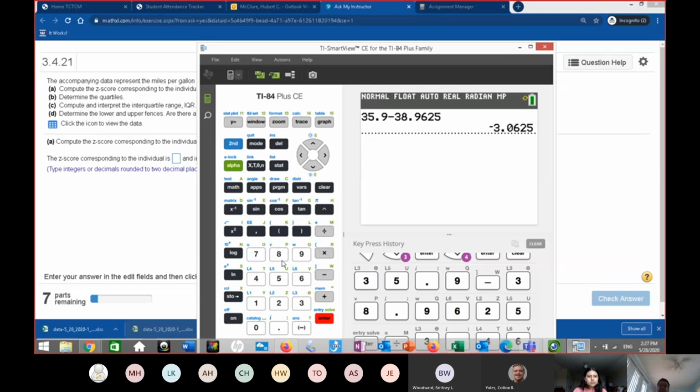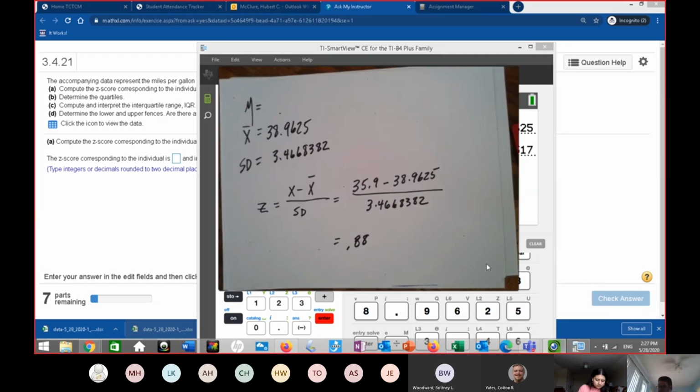I got negative 0.883, well, 0.88. You usually round z-scores to 2 decimal points. Write that down. Z-scores are usually 2 decimal points.